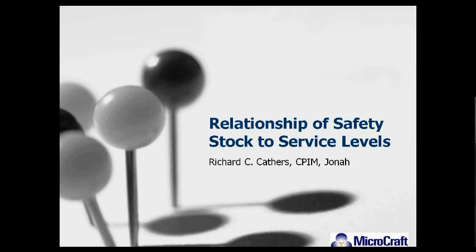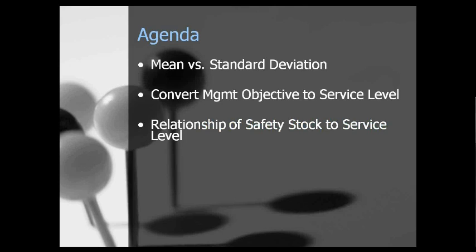And today we're going to be talking about the relationship of safety stock to service levels. What we're going to cover today is ways of measuring forecast accuracy. We're going to look at just two of them, mean and standard deviation. Then we're going to look at how you convert a management objective to a service level.